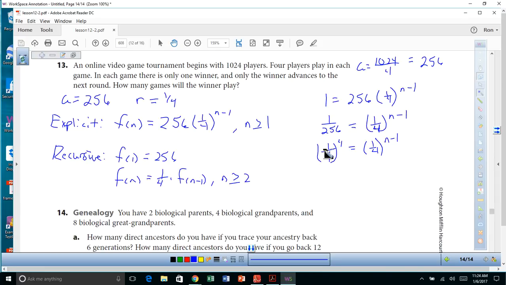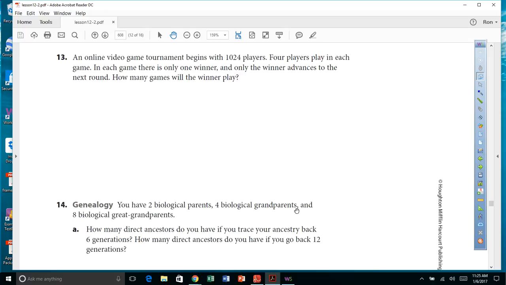Now look, I have a common base of 1/4 on both of these, so I can say 4 equals n minus 1, add 1 to both sides, and n equals 5. So the winner plays 5 games. All right, good.